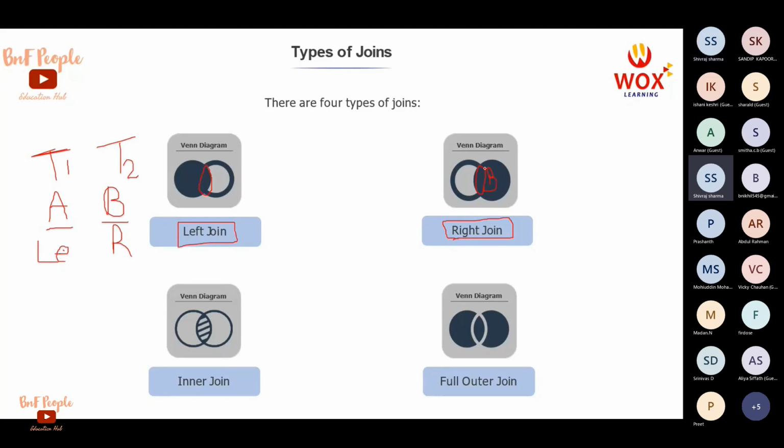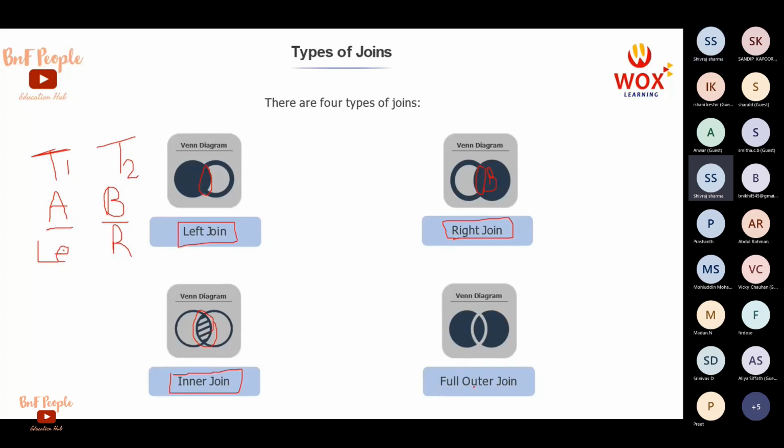And when we talk about the inner join, inner join means only the elements that are common in both these tables. See this part, only those elements that are common in both tables will be seen or joined when we implement inner join.